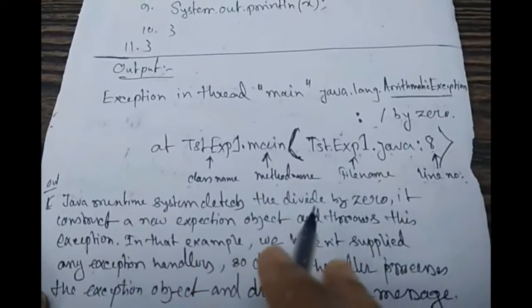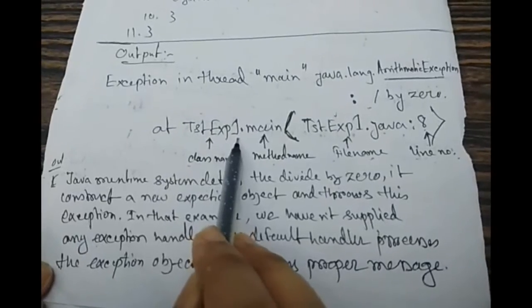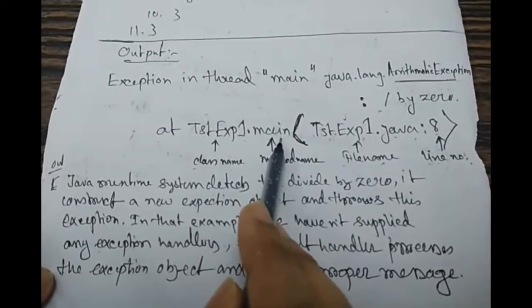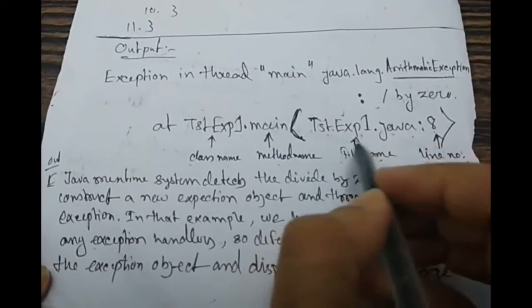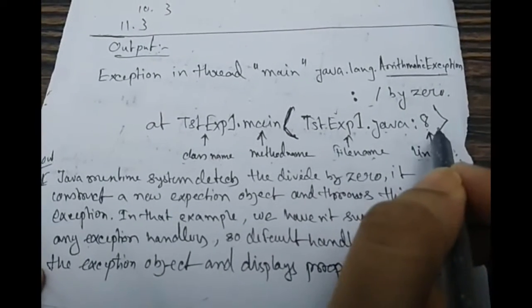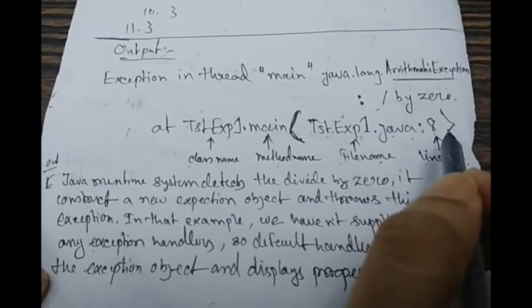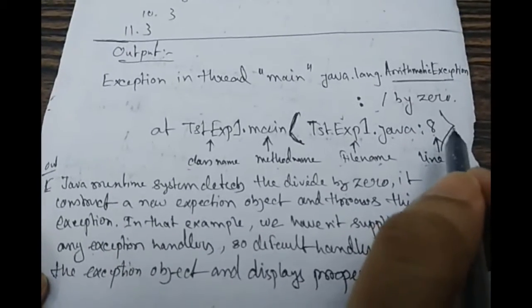So you can think of it as: in the class tstexp1, in the method main, and in the file tstexp1.java, line number 8, there is an arithmetic exception that is caused by division by 0.